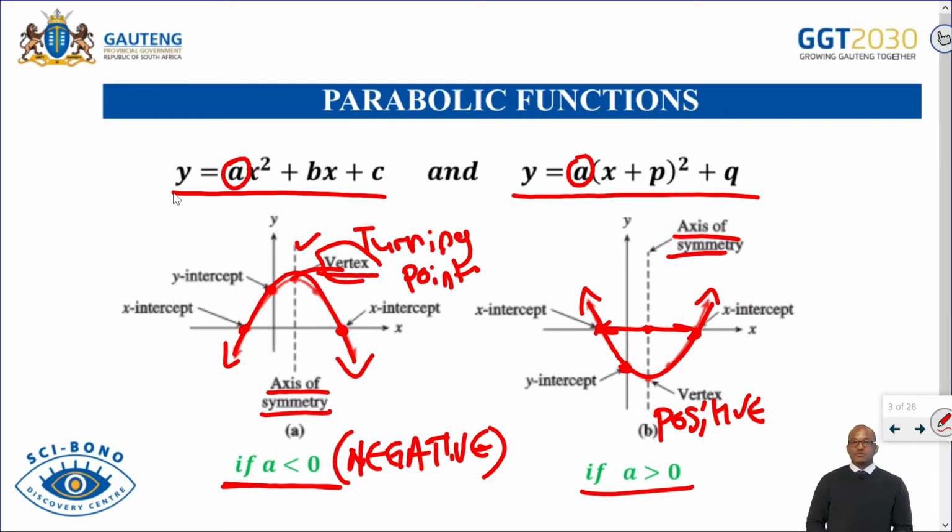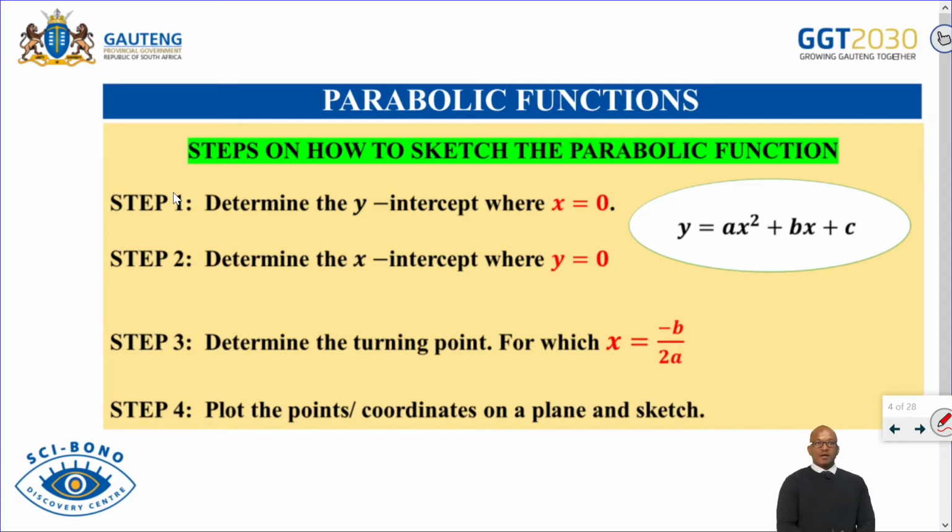Okay, so now the steps on how to sketch parabolic functions. Remember, if a parabolic function is given in the form y is equal to ax squared plus bx plus c, what are the steps to follow when it's given in this standard form?